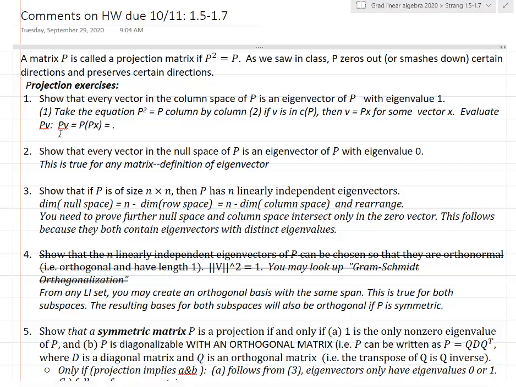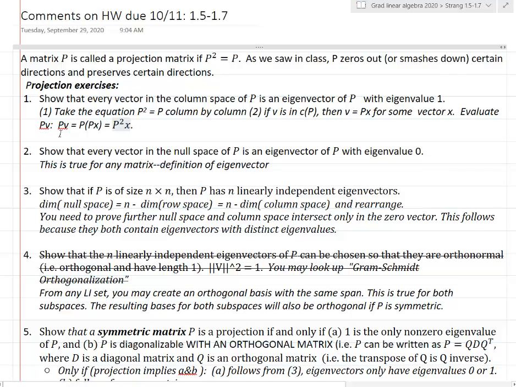And what's that equal to? Well, that's P squared x, right? And that's equal to Px, which is equal to V. Okay. So I'm giving kind of a sketchy write-up. You could write a few more details, but this is the general idea.